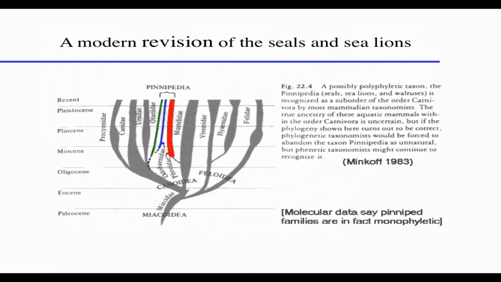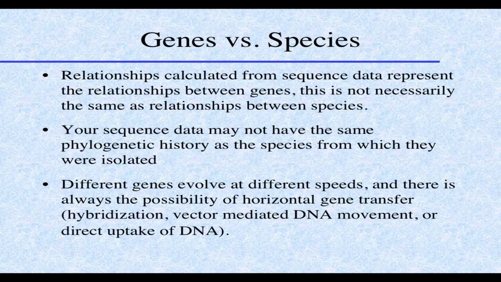So, the things that you think you know are not necessarily true, and people can constantly, either using new data or new computational approaches, revise taxonomies and phylogenies. So, again, it's a controversial area.